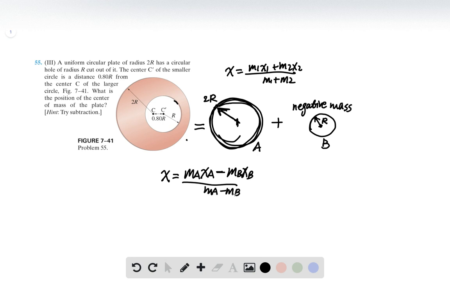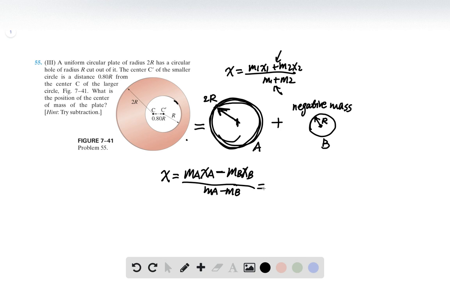So I'm just changing all the plus into a minus, because treating MB as a negative value is equivalent. So we want the position of the center of mass.